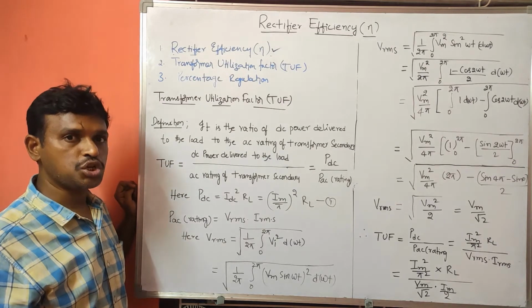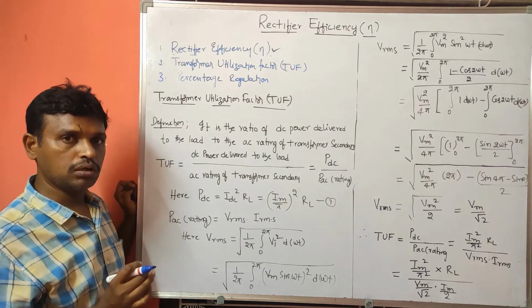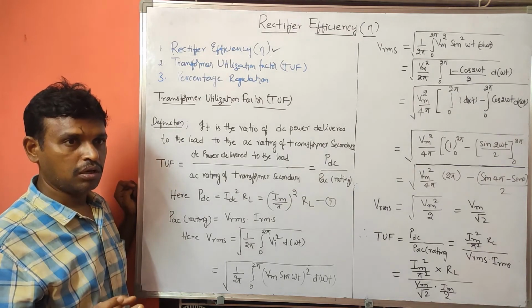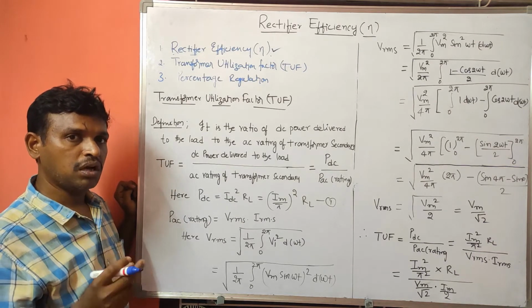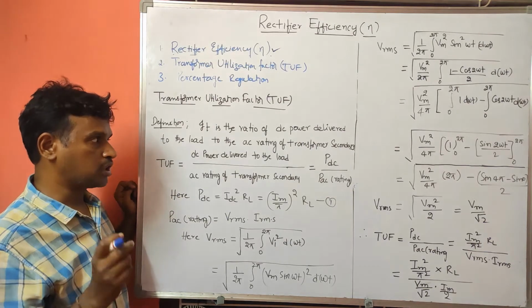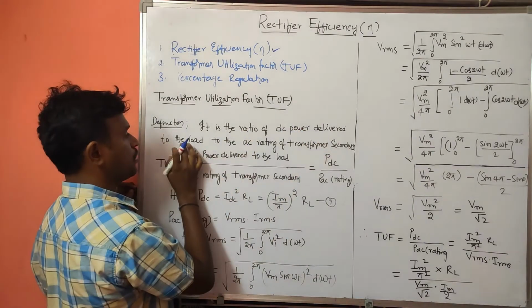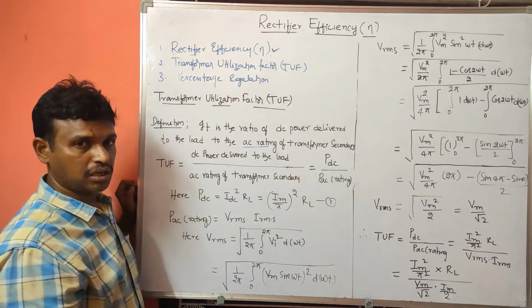It is the ratio of DC power delivered to the load to the AC rating of the transformer secondary. Here we have a difference between the AC input power and the AC rating of the transformer secondary, so that is what we have to remember.